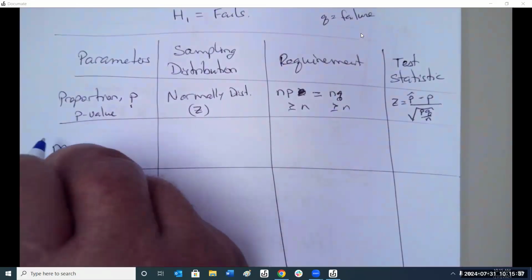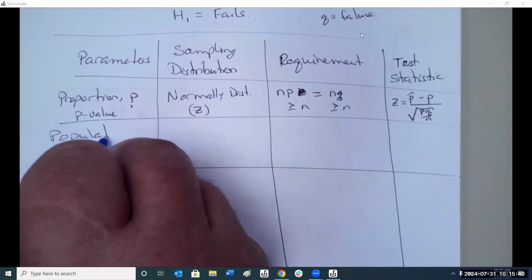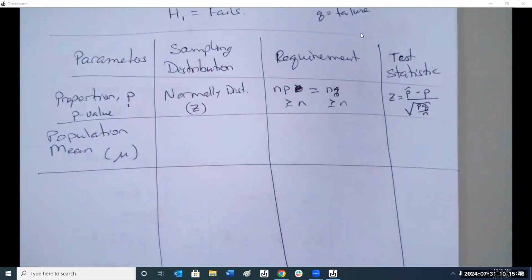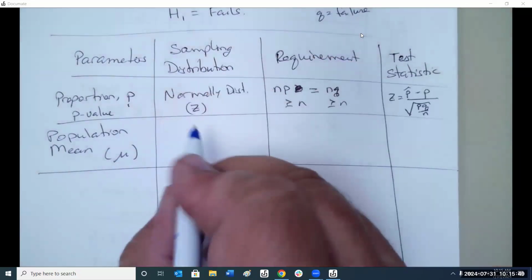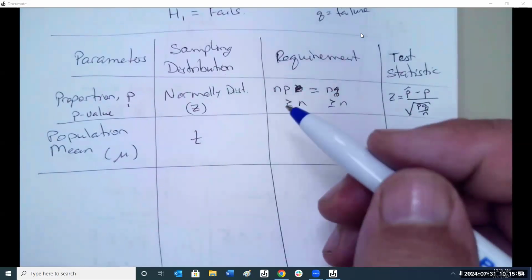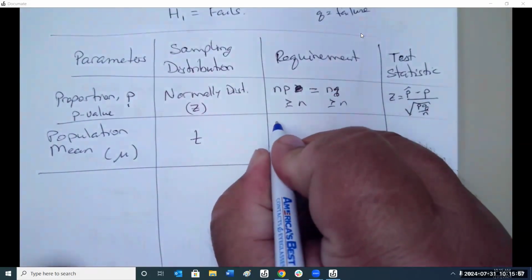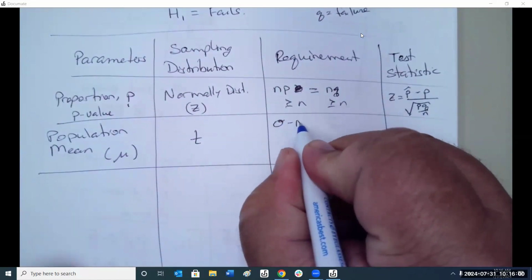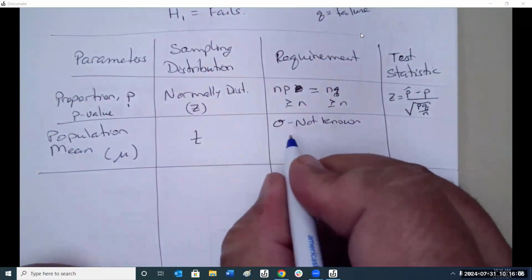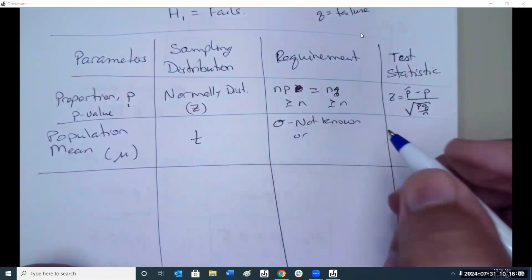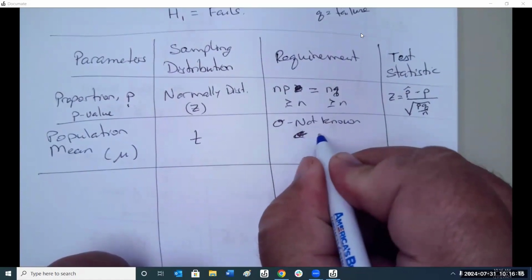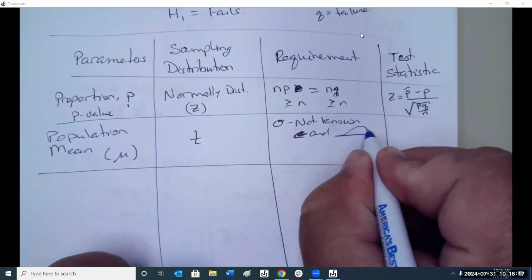If we have the population mean, which is mu, and we use the t distribution, what are the conditions here? There's two of them. The deviation of the population is not known, and it has to be normally distributed.